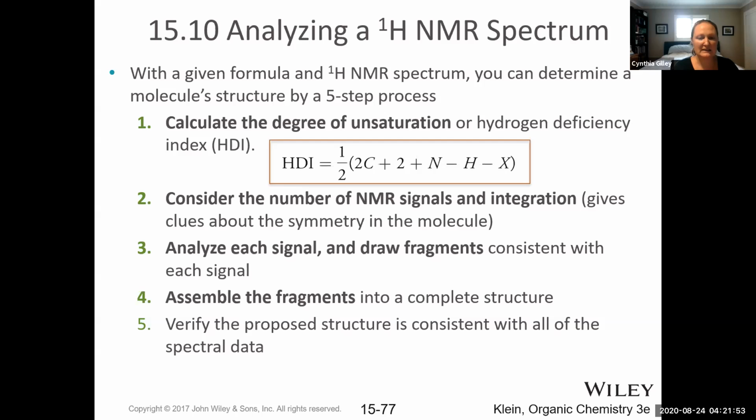Because it's really easy to draw an isomer of the correct answer. And the only difference between two potential isomers that match everything else is the chemical shift. So that's usually the thing that you want to double check when you're doing step 5.